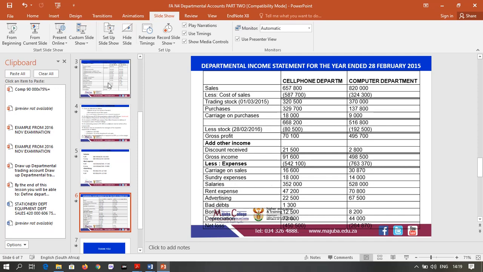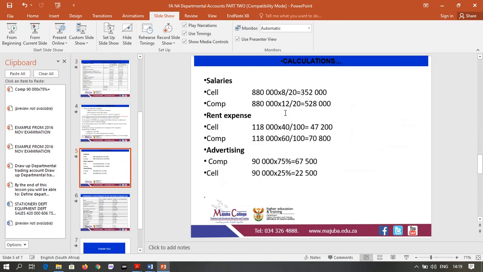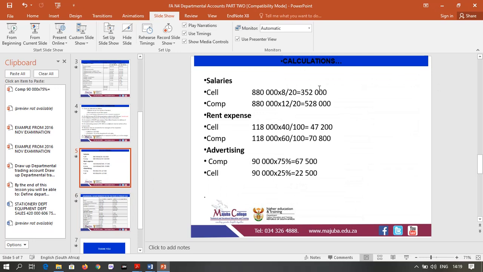Then you come to another account: salaries, rent, and advertising. This one you already calculated. Remember, we just started with it here for the cell phone department and the computer department. You also put them correctly. Cell phone salaries are 352,000 and computer is 528,000. Just copy these amounts because you calculated them already.